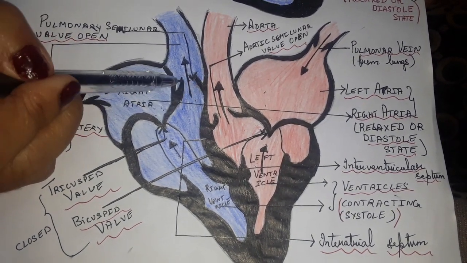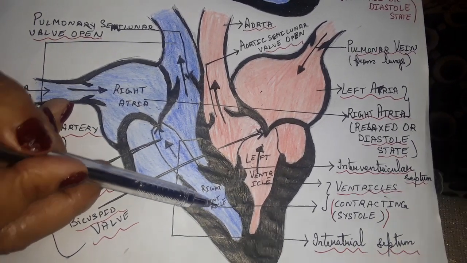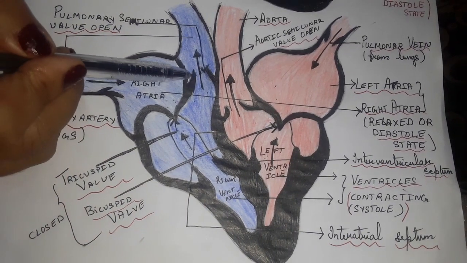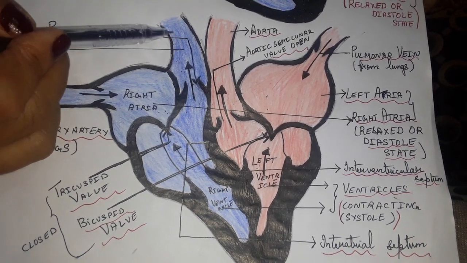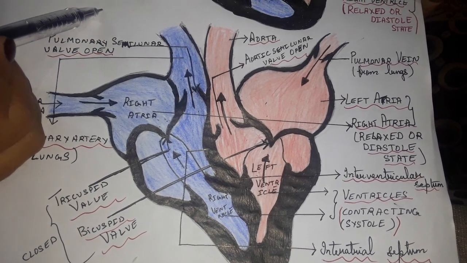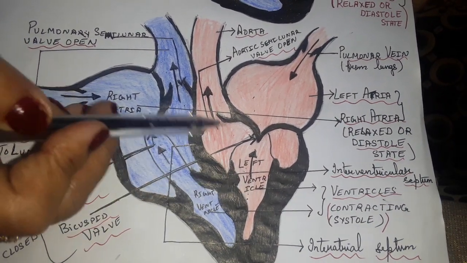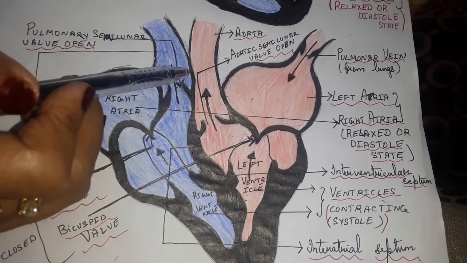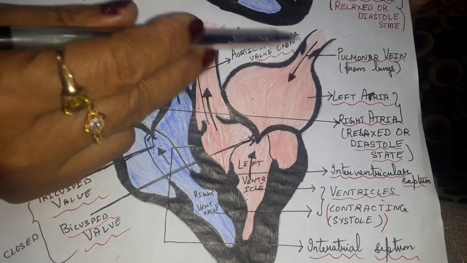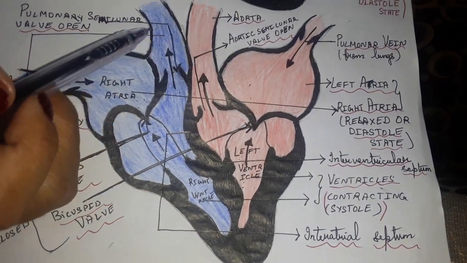The semilunar valves now open. So the blood from the right ventricle passes into the opening of the pulmonary artery, which is brought to the lungs for oxygenation, while from the left ventricle the aortic semilunar valves open, the blood is pumped into the aorta, which is then distributed into the different parts of the body through the arteries.